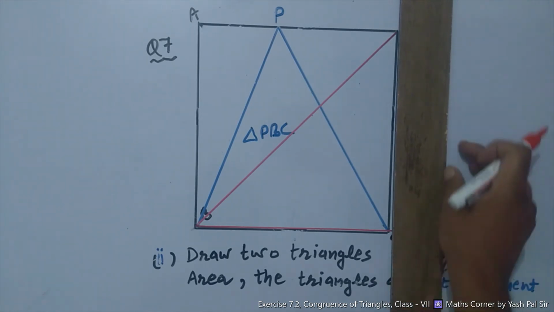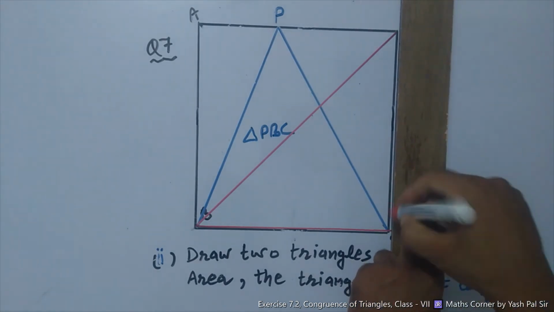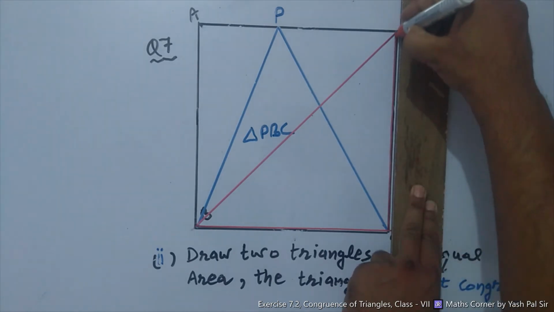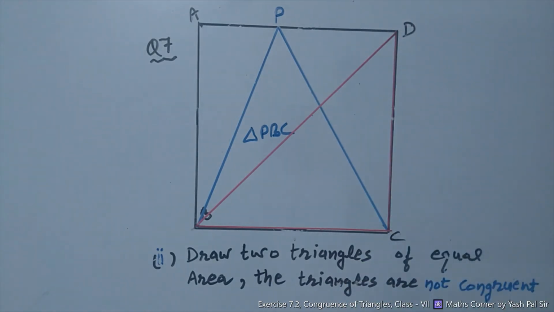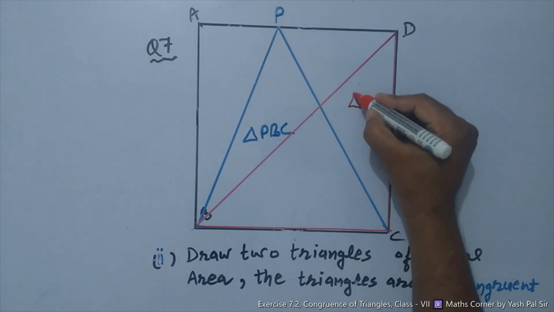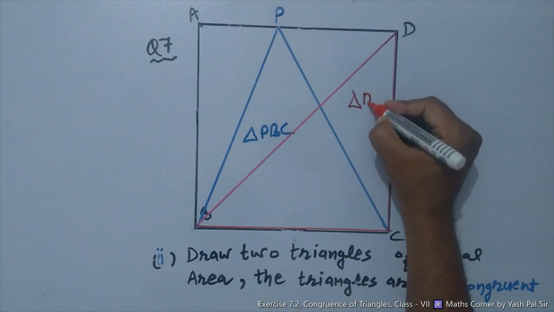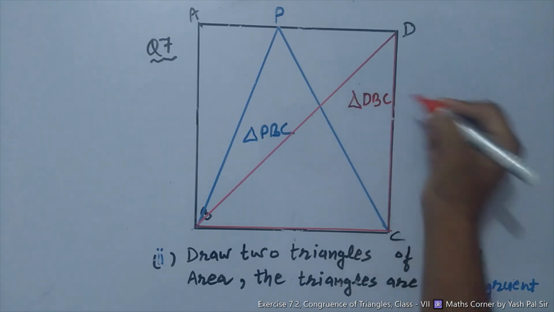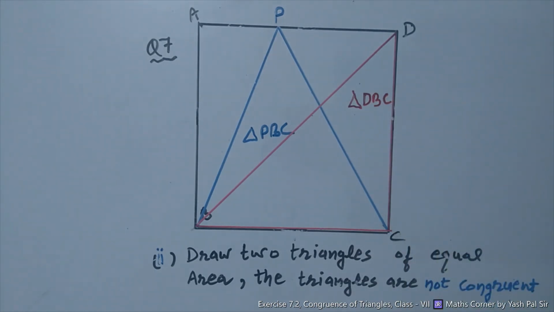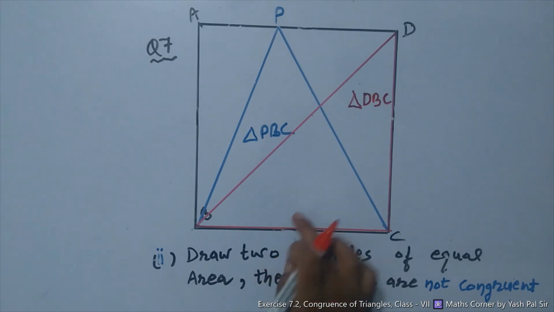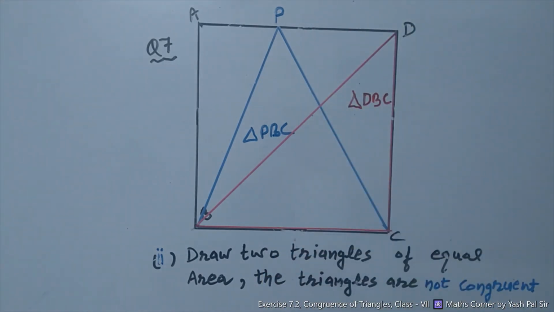Joining the diagonal, the second triangle is triangle DBC. So these two triangles have equal area. In higher classes, you will study that two triangles between the same parallels have equal area.